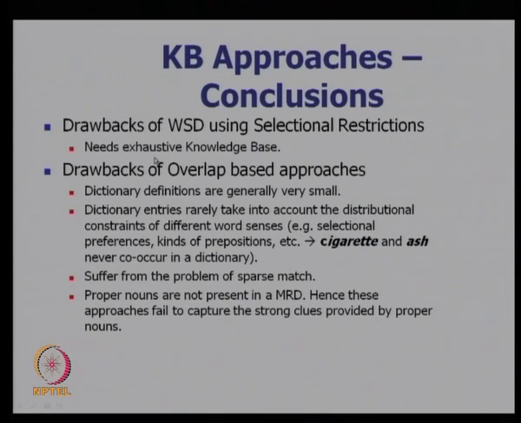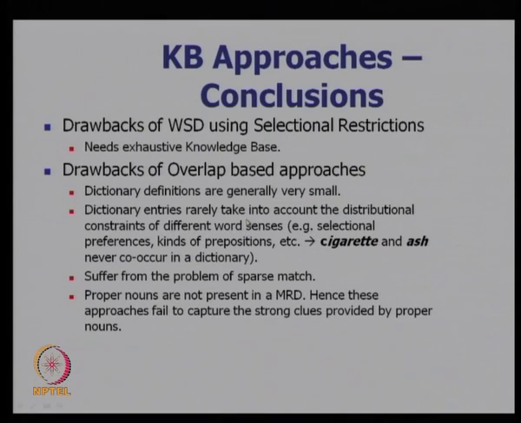Proceeding further, we look at the drawbacks of WSD which uses knowledge based approaches. The drawbacks of WSD using selectional restrictions are they need exhaustive knowledge bases. All the properties of verbs and nouns have to be stored. Drawback of overlap based approach is that dictionary definitions are generally very small.